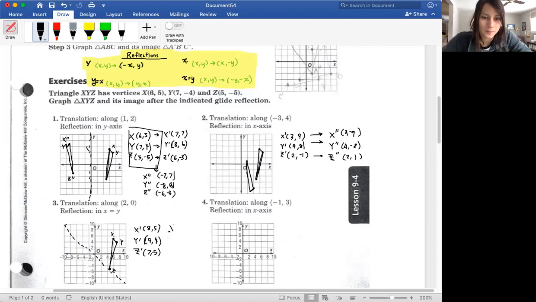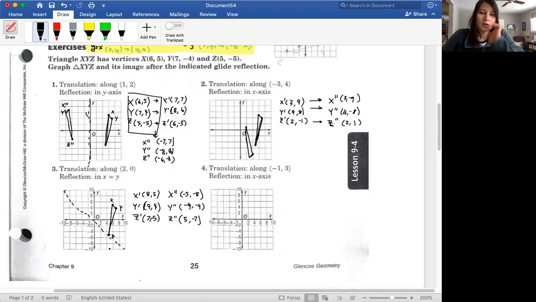So this becomes -5, -8. This becomes -4, -9. And this becomes 5, -7, because this originally was -5.